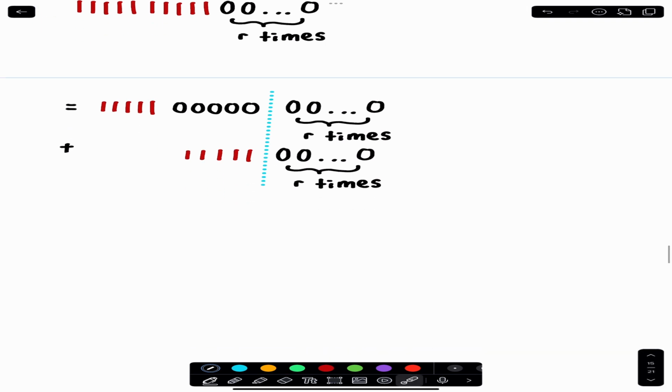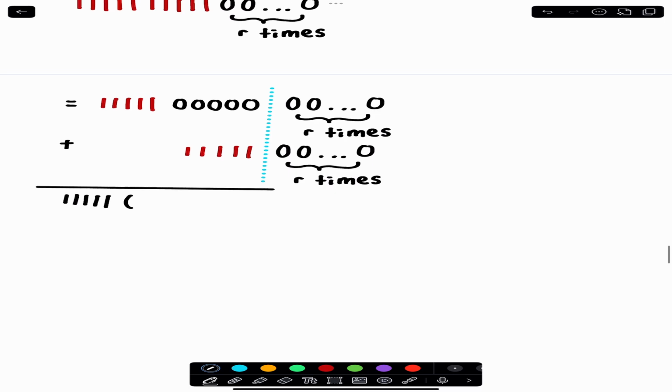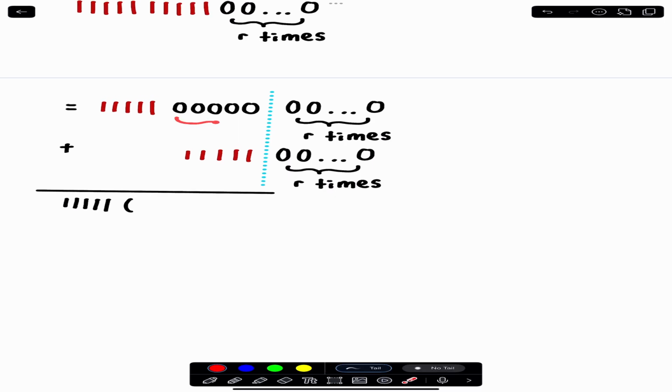So for now, I want you to just ignore this entire right side and just focus on the left side. So when you add that up, let's take out a common factor of 11,111. Now for the top number, there are 5 zeros, so that's times 10 to the 5th.